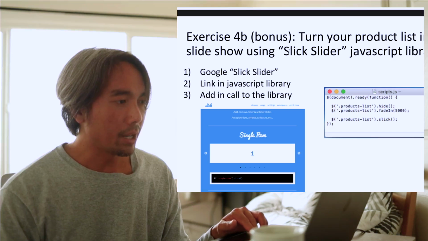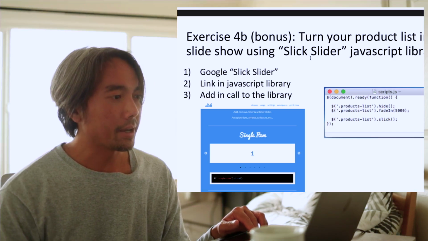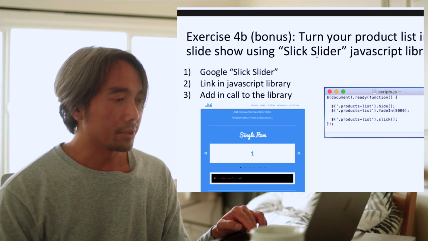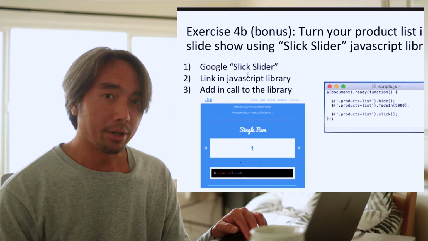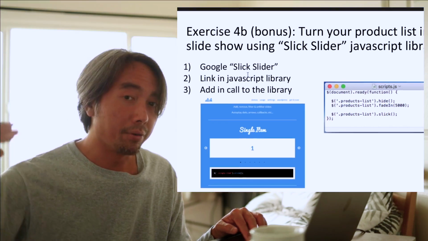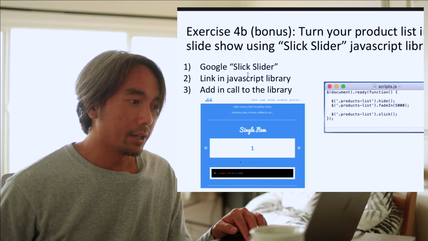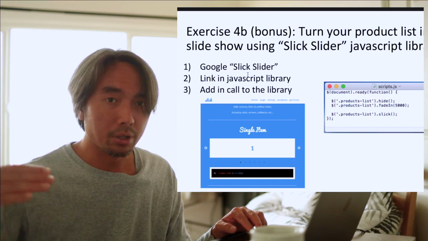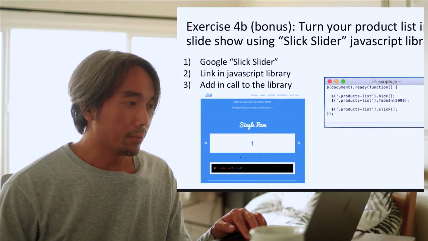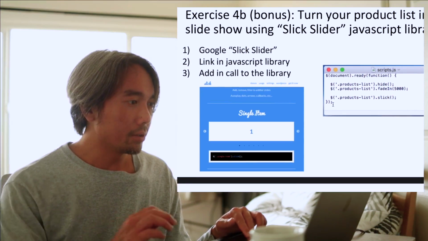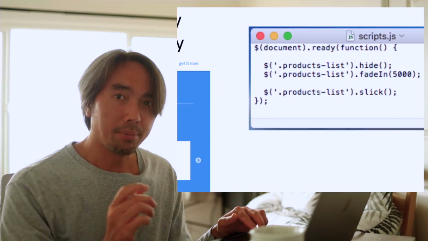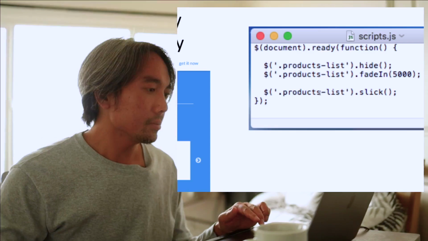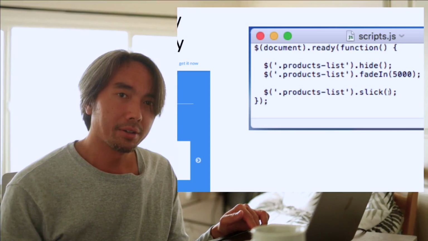A popular library back in the day was called Slick Slider. Once you load this JavaScript library in, it's just a pre-written JavaScript file that you can load in and start to use their functions. Once you load in Slick Slider, all you have to do is specify the class name that you want to become a slider, then put .slick.